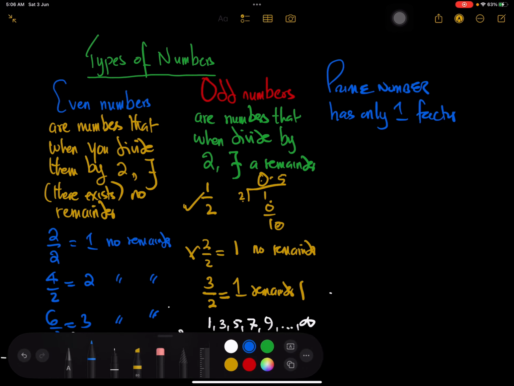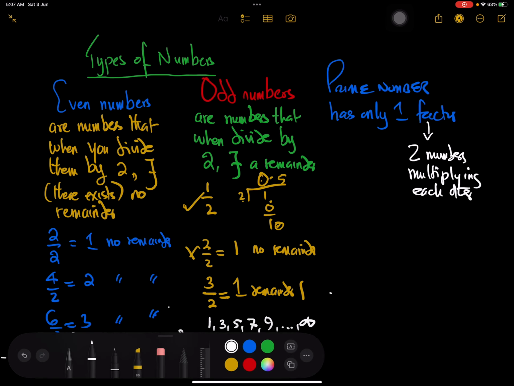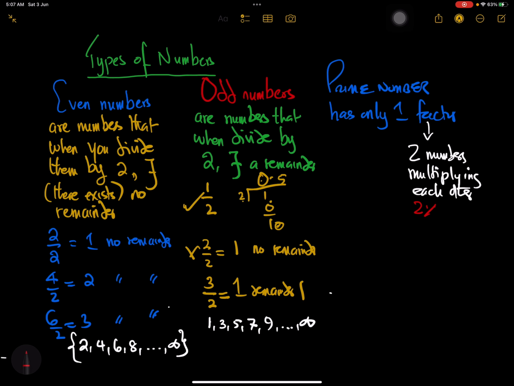You and I know that a factor consists of two numbers multiplying each other, right? So if you take something like 2 times 3, 2 times 3 is a factor.